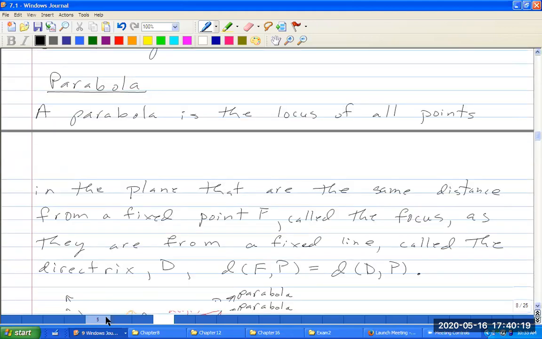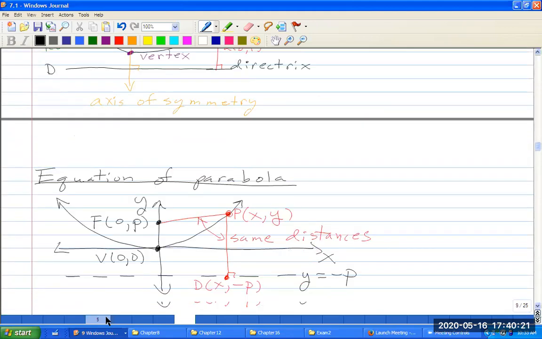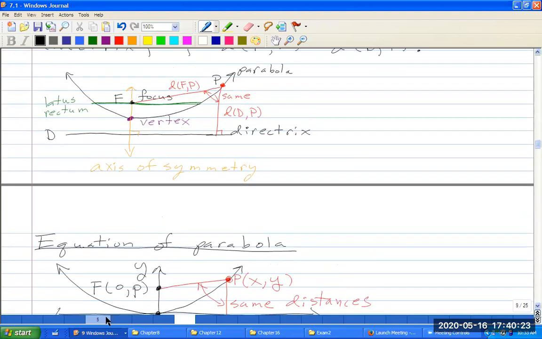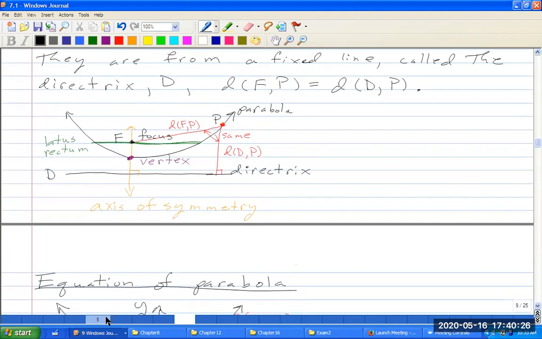Okay, let me just put in the general form for the equation of a circle.